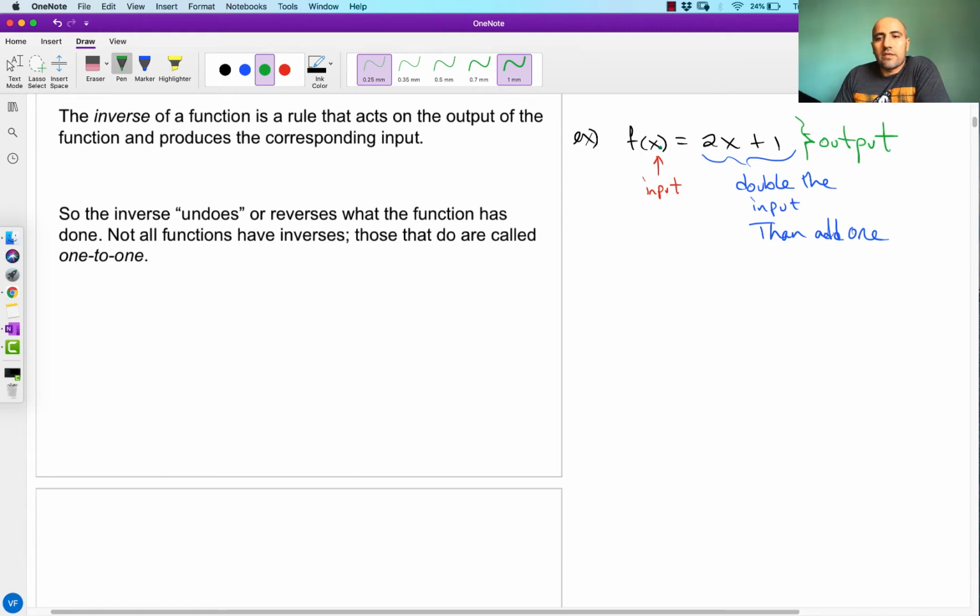Right? Something goes in here, we do this to it. These are the instructions for your function f: double the input, then add 1, and out comes the output. What we want to do is to be able to reverse this process.